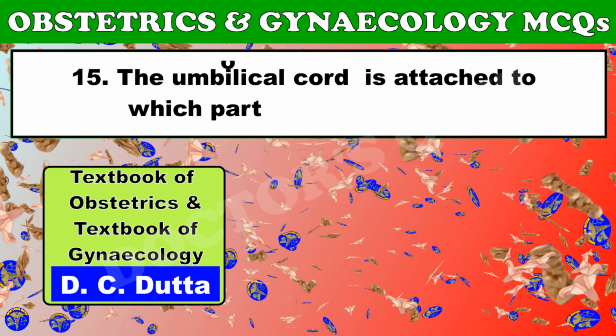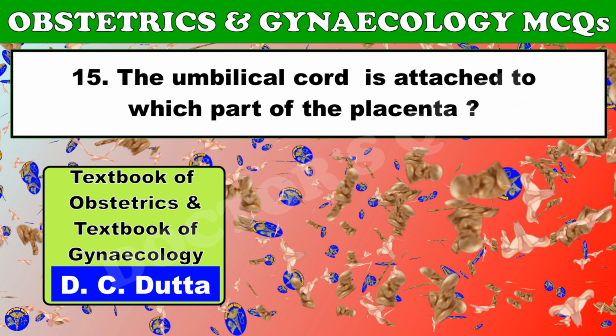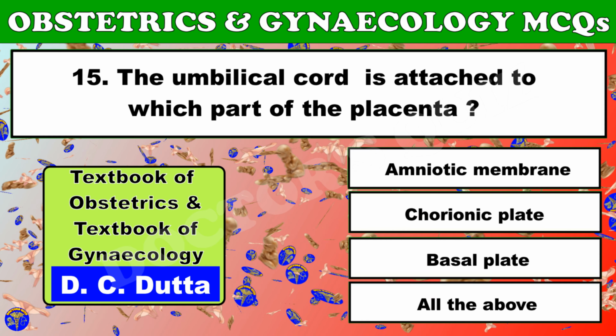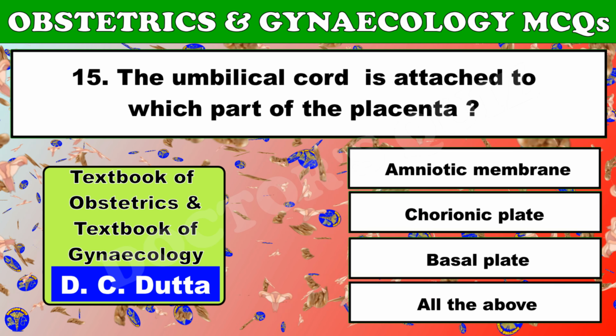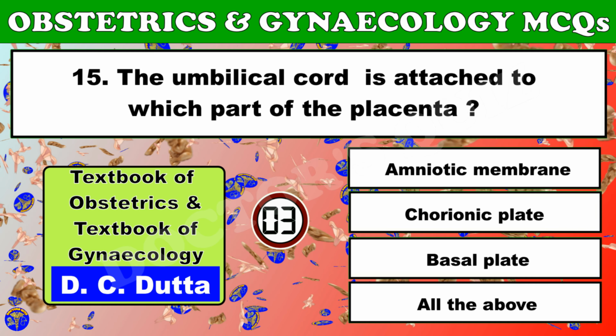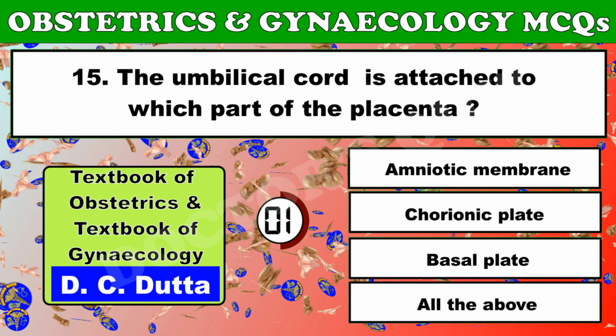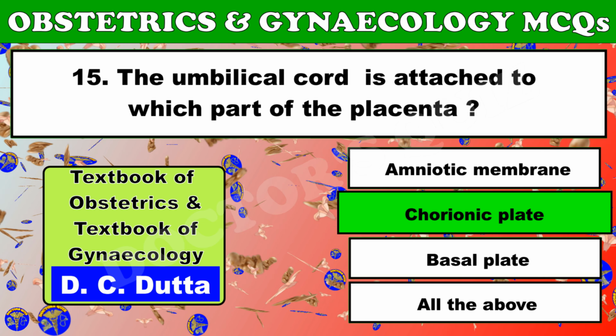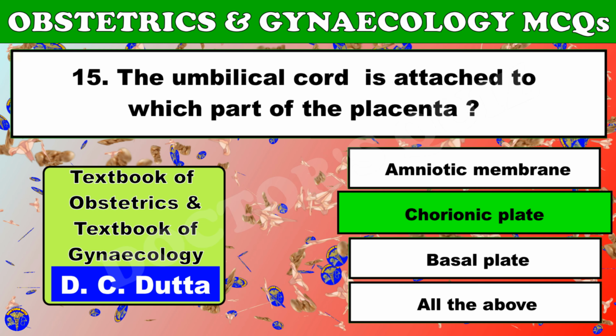The next question is, umbilical cord is attached to which part of the placenta? Options are amniotic membrane, chorionic plate, basal plate or all the above. Right answer is chorionic plate.